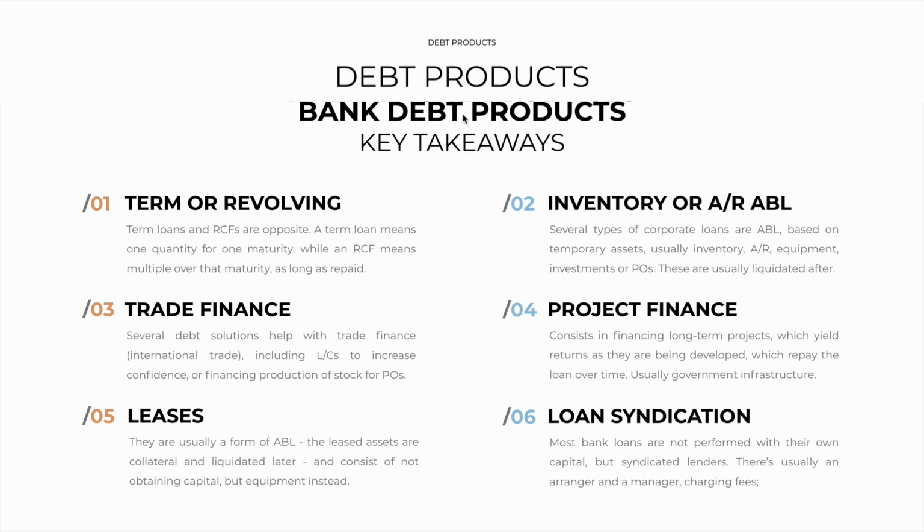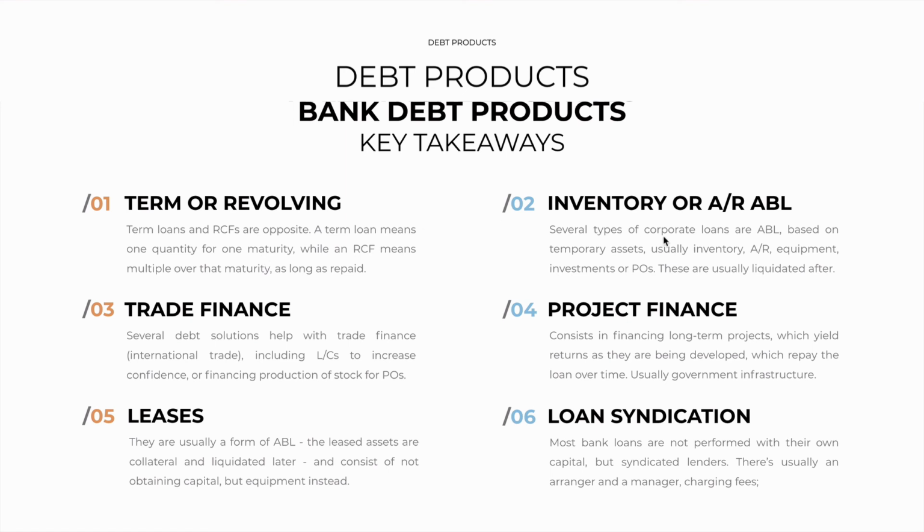What are our key takeaways? The first is that bank loans, in fact, any type of loan, are either term loans or revolving. A term loan means one quantity of capital for one maturity, while a revolving credit facility means lending and repaying as many times as you wish under that limit. Think of credit cards.